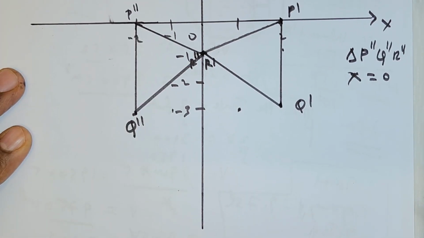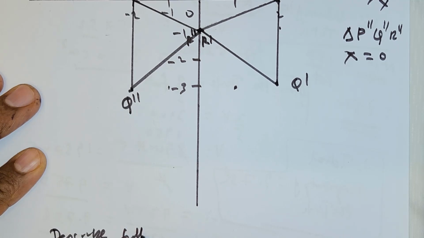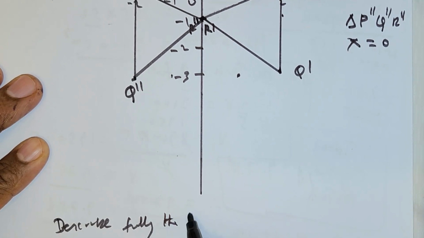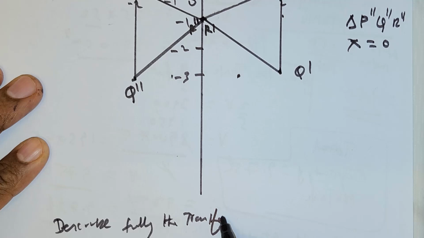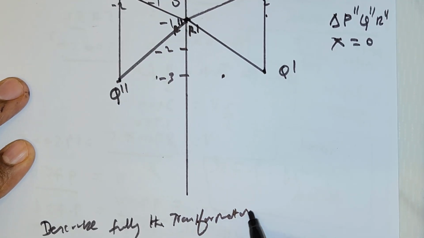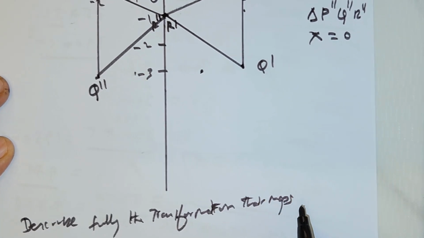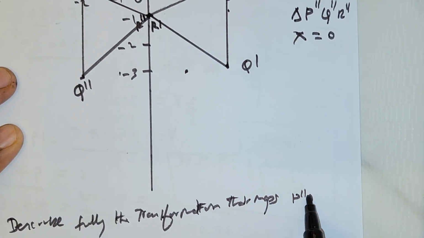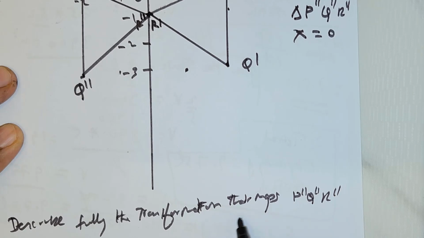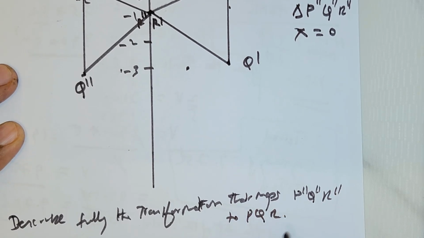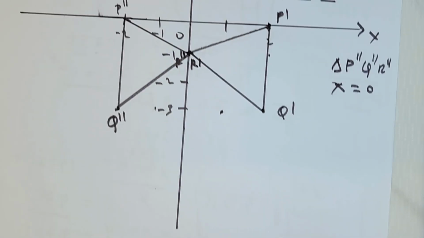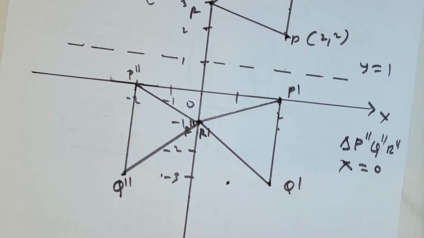So the next question is: describe fully the transformation that maps P double dash Q double dash R double dash to PQR. Okay, so you just see this figure.